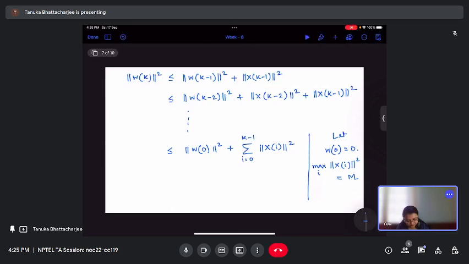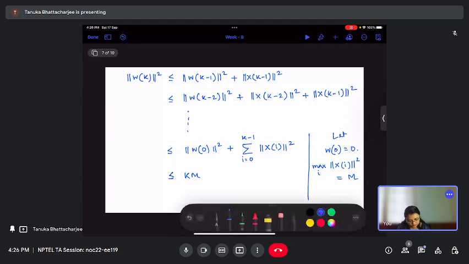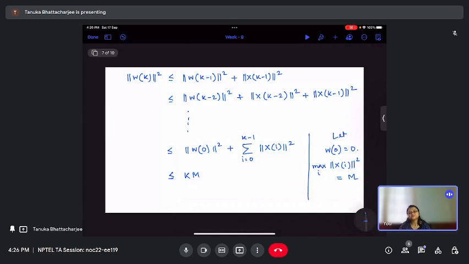So, if you replace all norm of xi square by m, you will get that norm of wk square is less than or equal to k times m. So, this is one expression we got, one condition we got on wk. Let us keep this in mind, we will use it later.